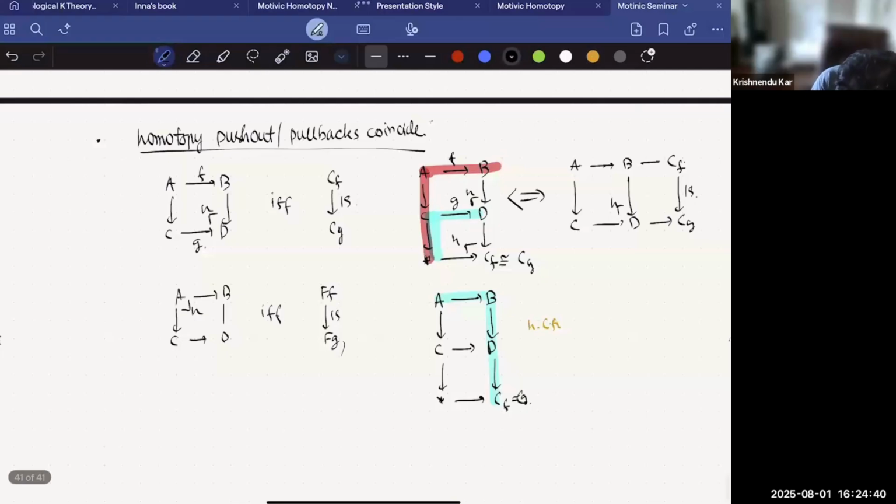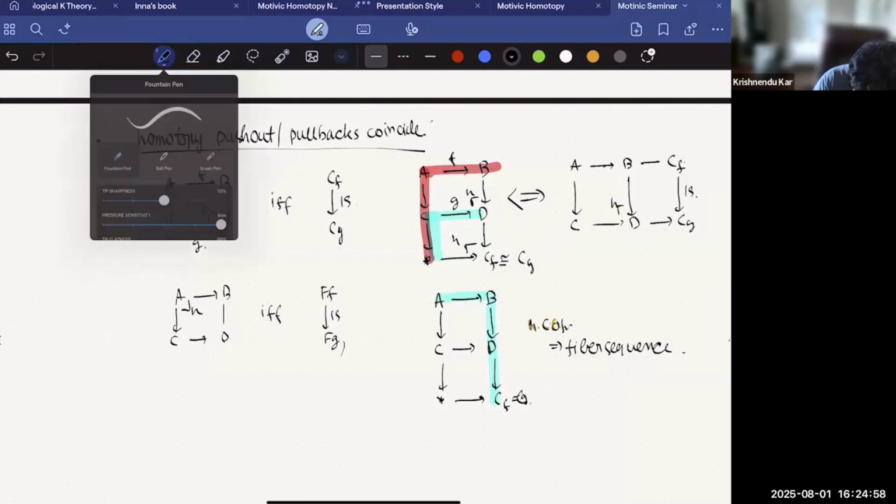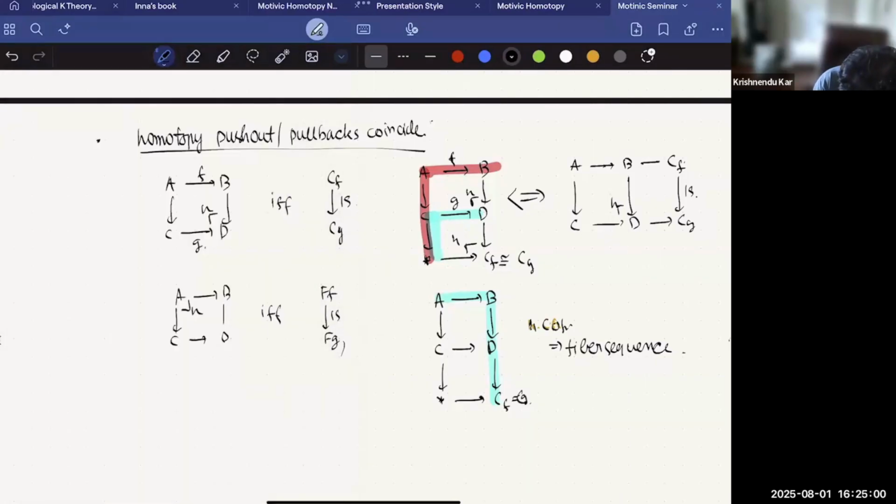Homotopy cofiber sequence means that this is a fiber sequence, which means that this square is a pullback.